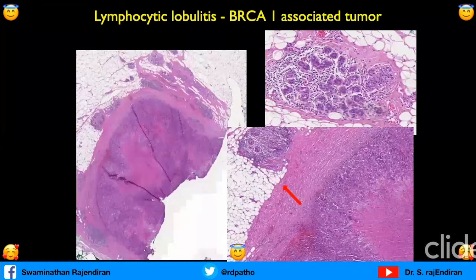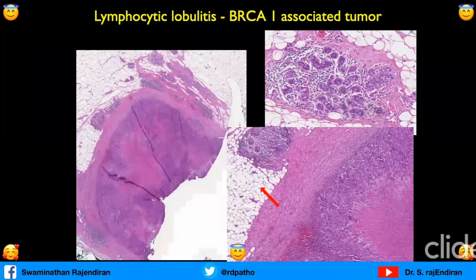And why you have to pay importance to lymphocytic lobulitis: it is usually associated with BRCA1 associated tumors. In the background, they may show lymphocytic lobulitis. Whenever in a core biopsy you see lymphocytic lobulitis in a mass lesion, think of BRCA associated carcinoma, what we used to call medullary carcinoma.